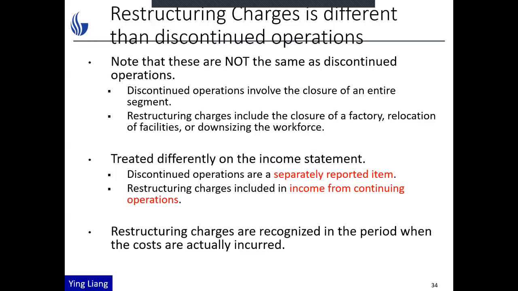Also, remember we say discontinued operations, even if you decide to hold for sale and you haven't sold it, you should report it separately. But restructuring charges are only recognized in the period when the costs are actually incurred. So there's also this timing difference.